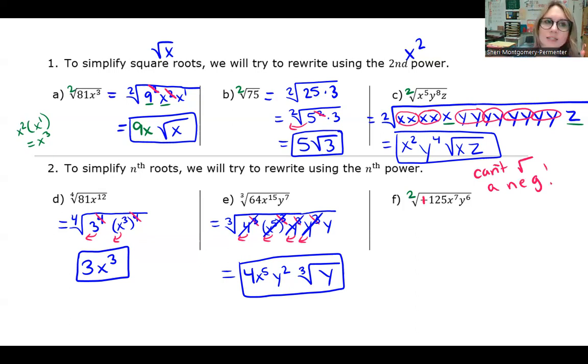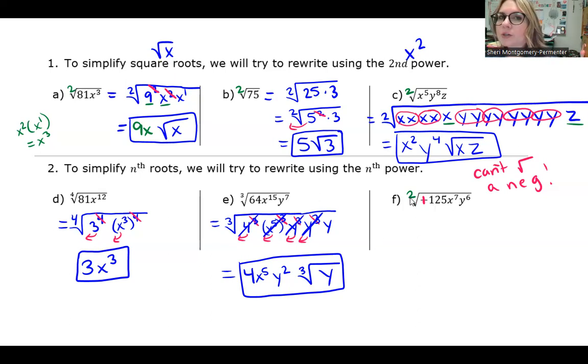So let's make it positive, and now let's evaluate. You can't take the square root of a negative number. It's not possible. Good news, I'm not going to give you the square root of a negative number on a quiz, on a test, on anything. So I do need to make sure that you know that. But let's go ahead and do this problem as if it were positive, because you can't take the square root of a negative number.